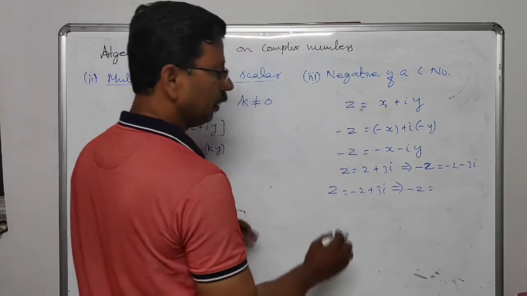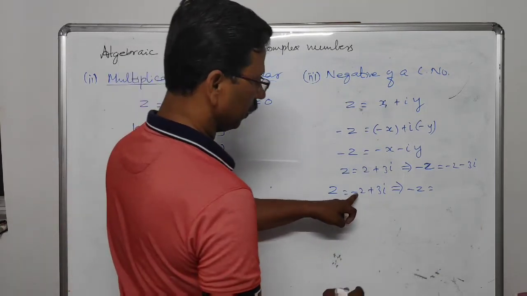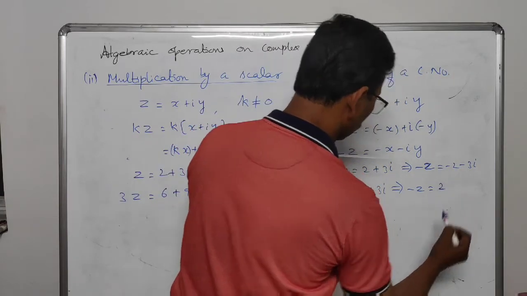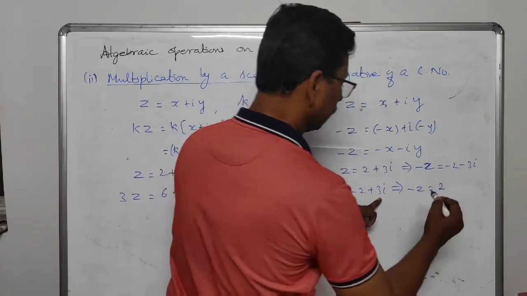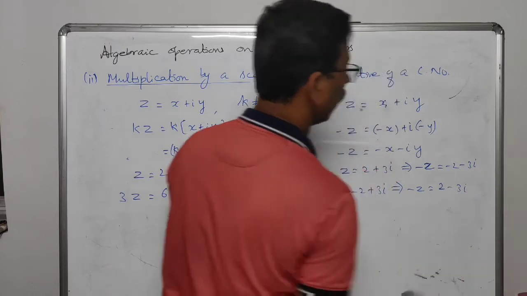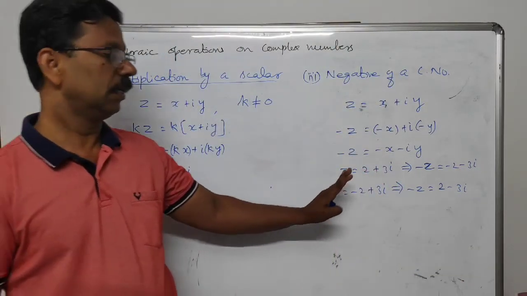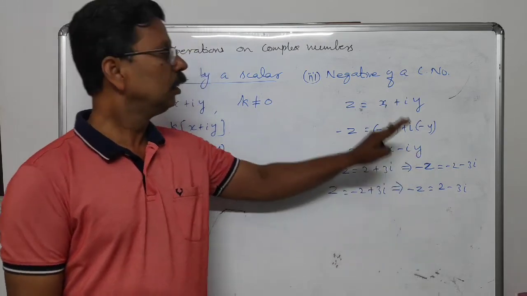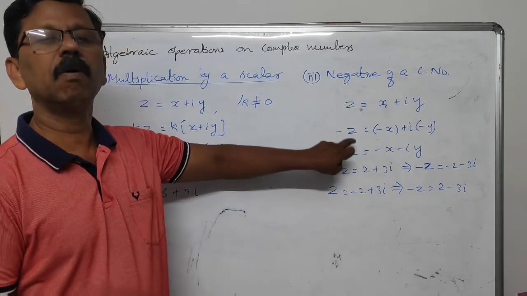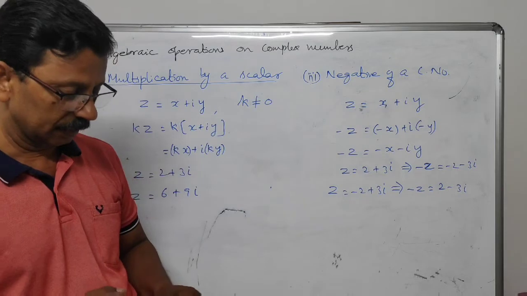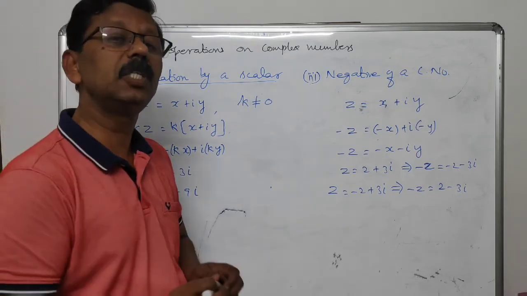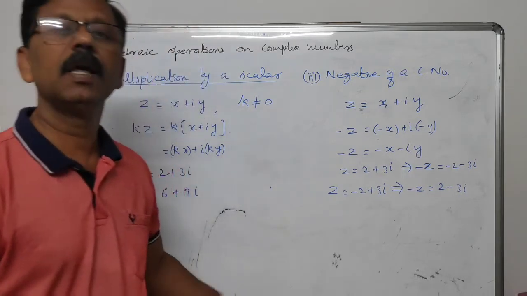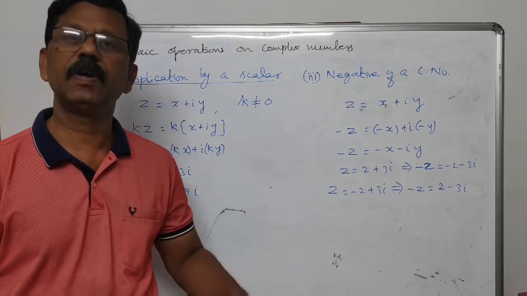Minus z will be, just change the sign as I told, that is this minus 2 becomes plus 2, then plus 3 becomes minus 3, that is minus 3i. Likewise, you have to change the sign of both real and imaginary parts to get the negative of a complex number.